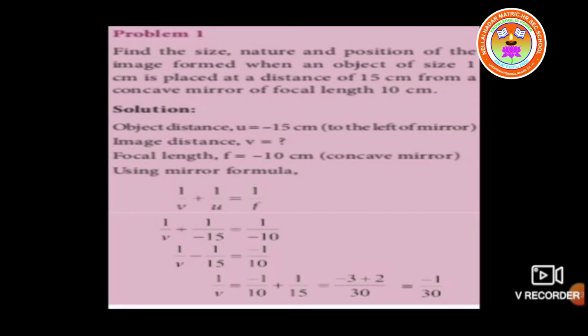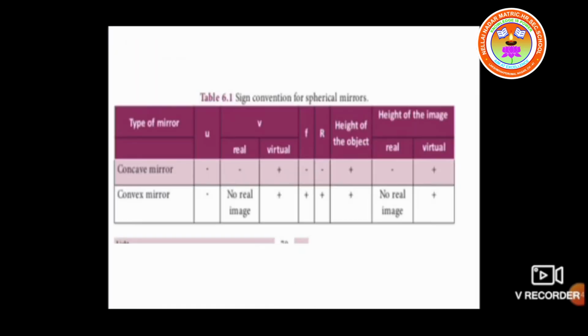The object distance u is equal to minus 15 centimeter. Already you know that for the concave mirror the object distance u is taken as negative. For a convex mirror, u is also negative.